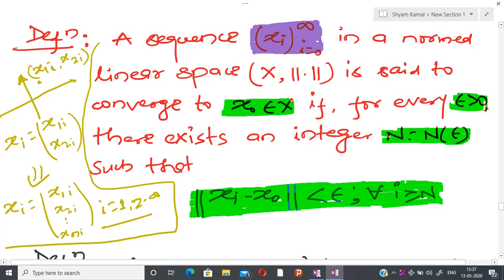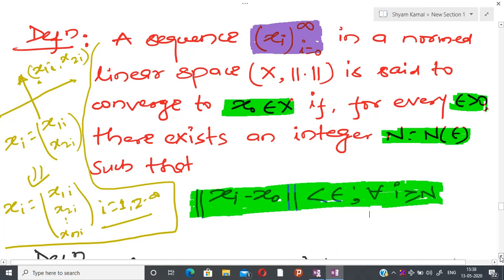So I have extended the same definition to the non-linear space by replacing the absolute value by the norm. Similarly, if you are talking about a metric space, then for convergence in a metric space, in place of the linear space you substitute a set, and in place of the norm you substitute the metric, but the definition remains the same.